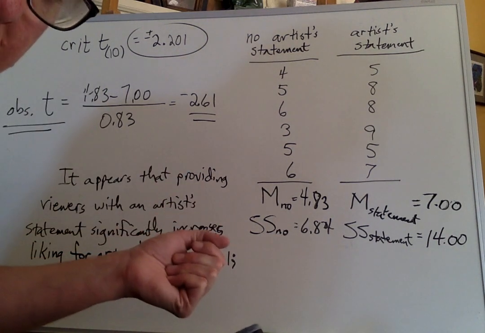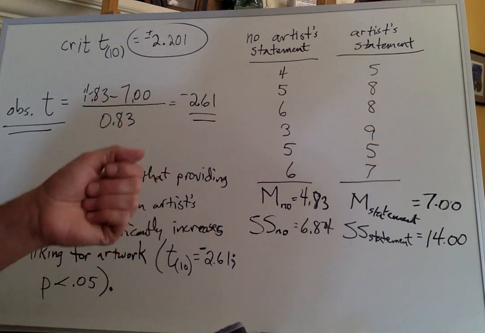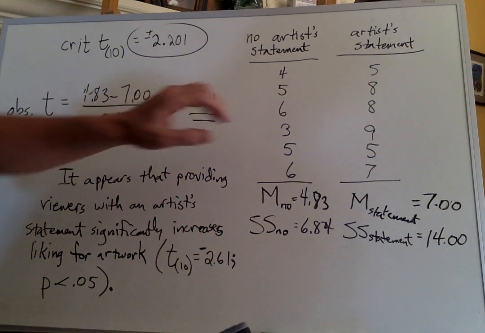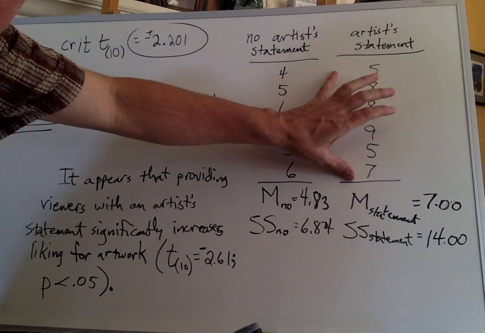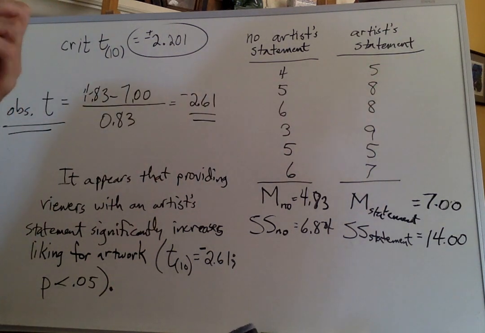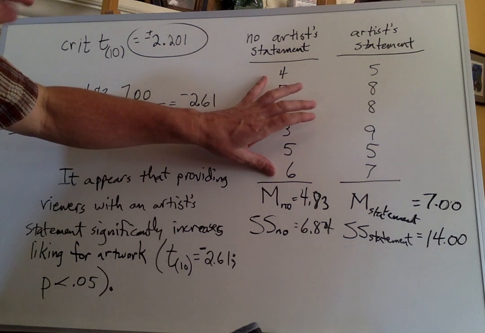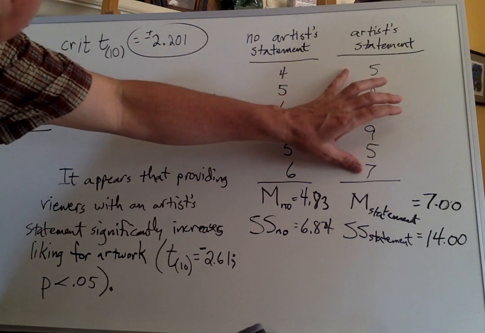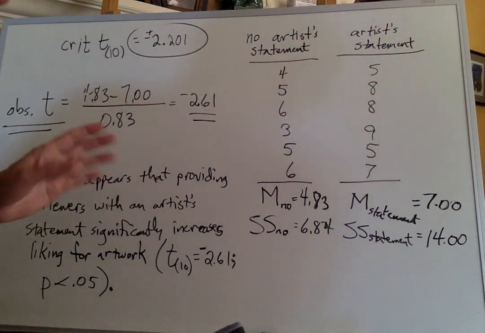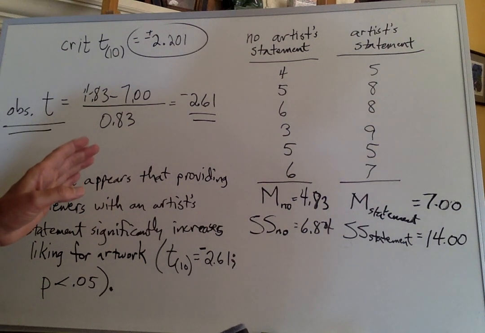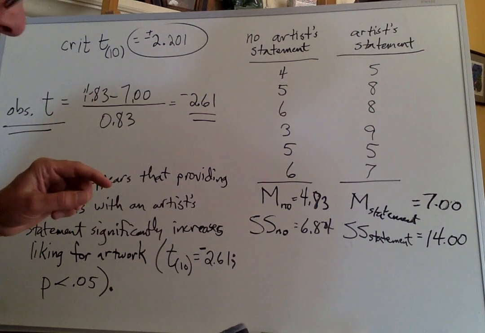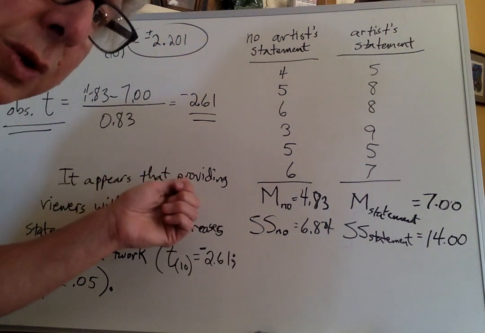So in the next video, we'll do another example. And by the way, I will show you these do not have to be equal sample sizes. So we're going to do one that has a different number of people in one group than the other group. And I'll show you the formulas stay exactly the same, but if you look back at your notes, the N1 and the N2 will be different, right?